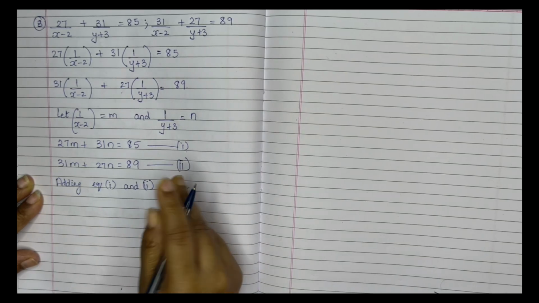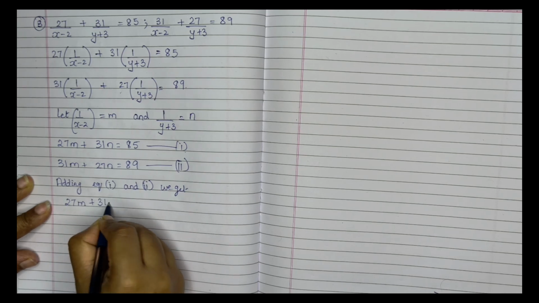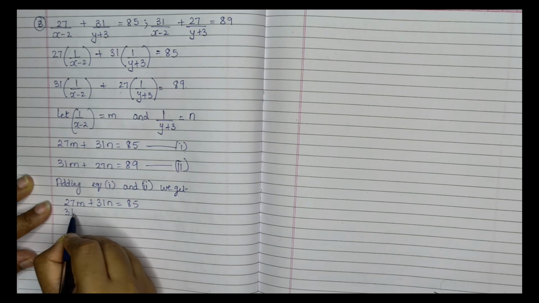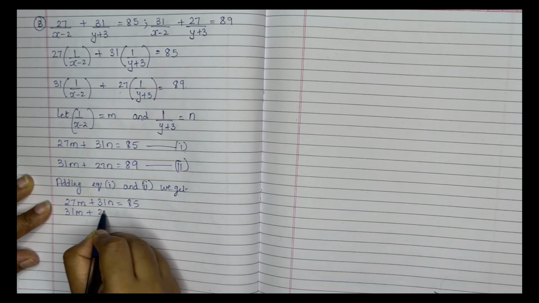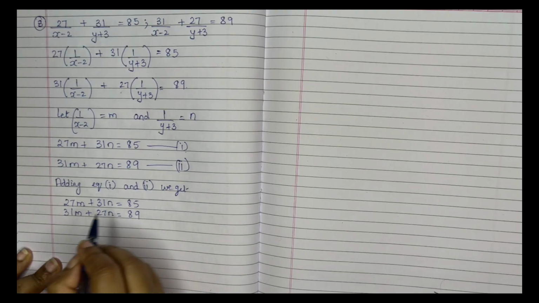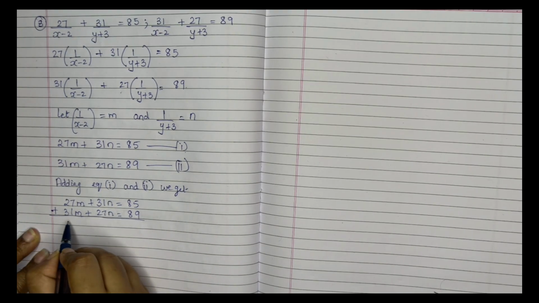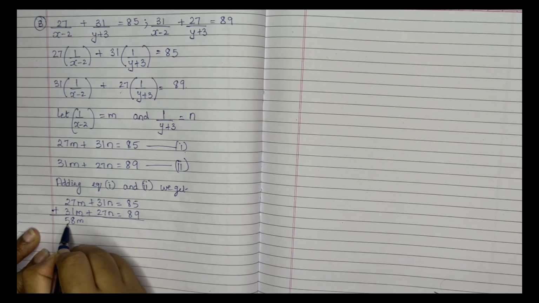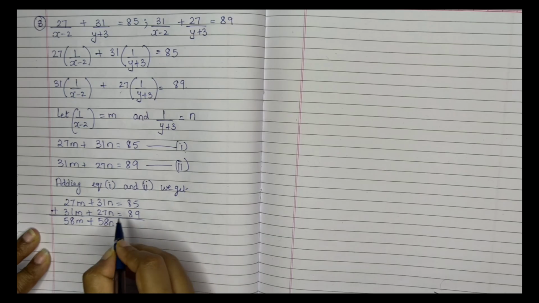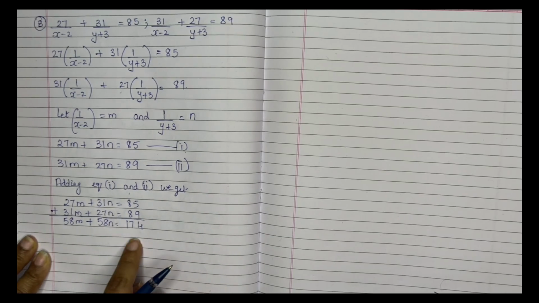we get, so add these two equations, 27m plus 31n is equal to 85 and 31m plus 27n is equal to 89. Okay, now add both the equations. 27 plus 31 is 58m, plus again this will also be 58n is equal to 85 plus 89, which is 174.